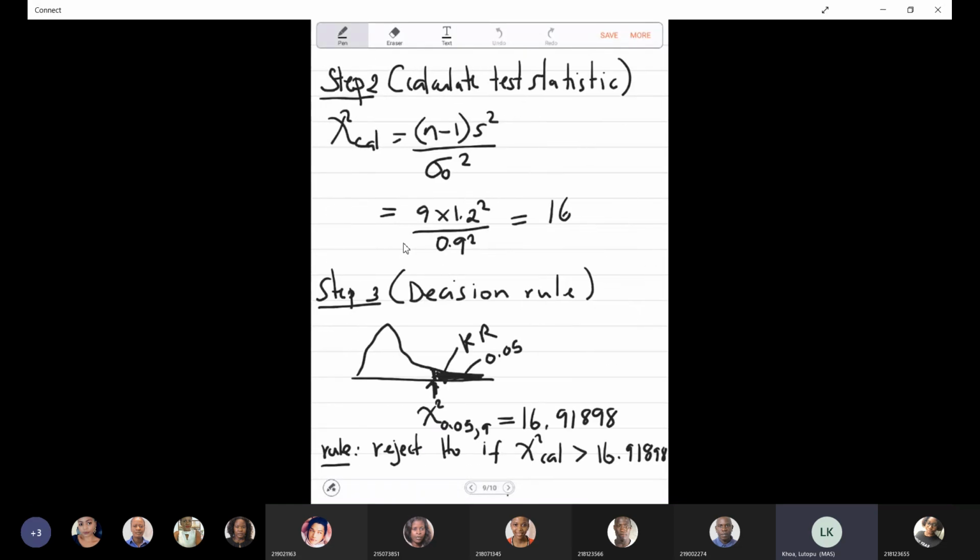So remember, we had a decision rule over here. Do you understand how we got the decision rule over here? I'm not sure. Is it the wording when you say you fail to reject, and when you say you reject? Are you talking about the wording of it? Okay, the wording, it's just a statistical term.